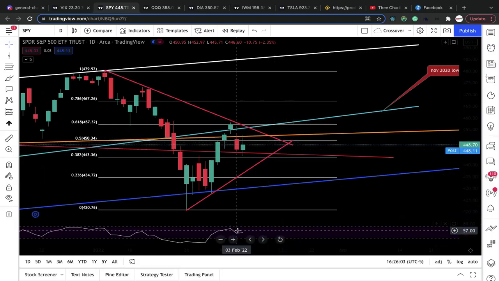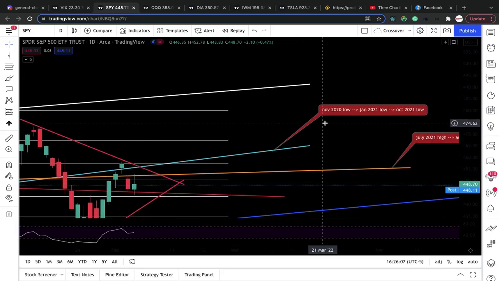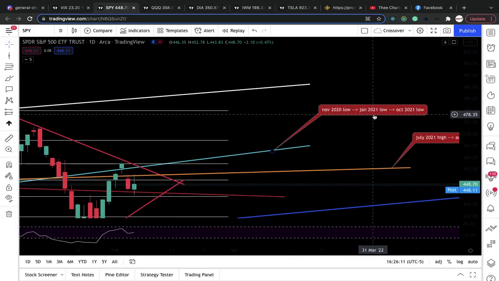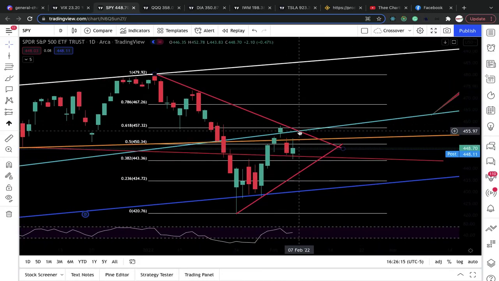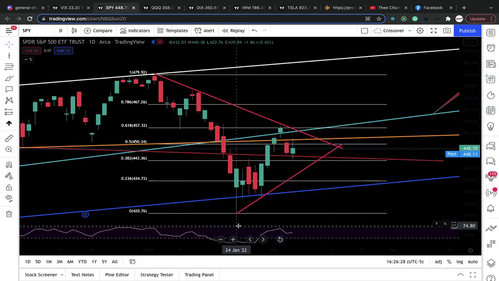455.7. But also, we have this blue line right here. That's from the November 2020 low to January 2021 low to the October 2021 low. As you can see here, they're intersecting right now. So that resistance level is based off of two important trend lines for the SPY right now.